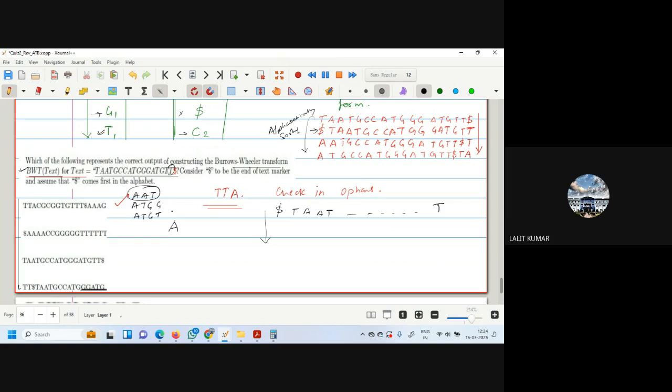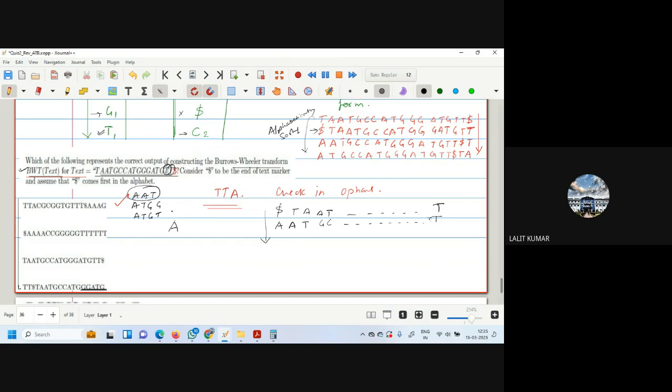So I make the full sequence with AAT: AAT, GCC, and in the last, if it is AAT, it will be $T. What will be the last here again? Again, it will be T because the last T will come.